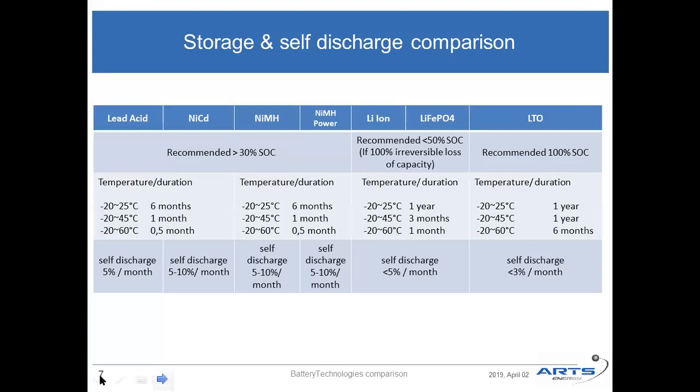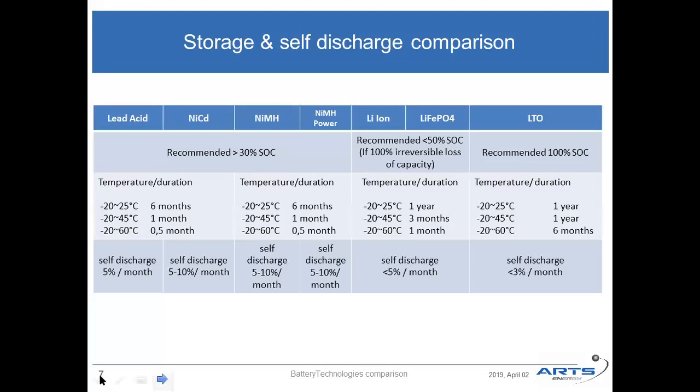For lithium ion, the duration is around 1 year at room temperature, around 20 degrees, the same as for titanate. The temperature also has an effect on the storage. If the temperature is increasing, the storage duration decreases. So you have to store for very short terms at high temperature.